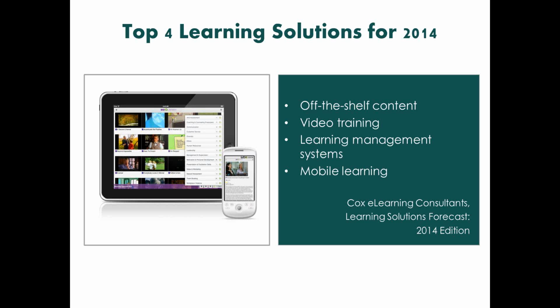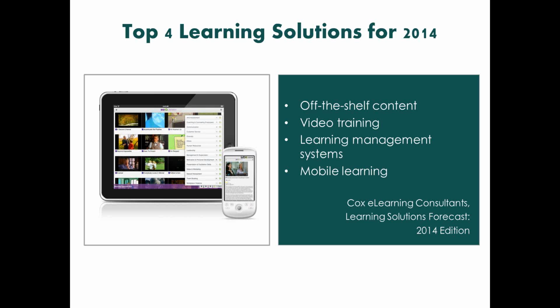So, one of the things that we picked up, there's a really interesting survey published by Coxie Learning Consultants, and it was their Learning Solutions Forecast for 2014. They polled, and they had 1,700 people respond to this survey, which was fascinating to me. But the top 4 learning solutions that the respondents to this survey were going to go out and acquire in 2014 were in this order.